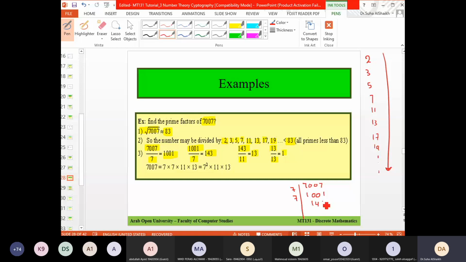The result is 143, divisible by 11, 13, 13, and 1. So it is 7 multiplied with 7, multiplied with 11, multiplied with 13. So it is 7 to the power 2, multiply 11, multiply with 13.